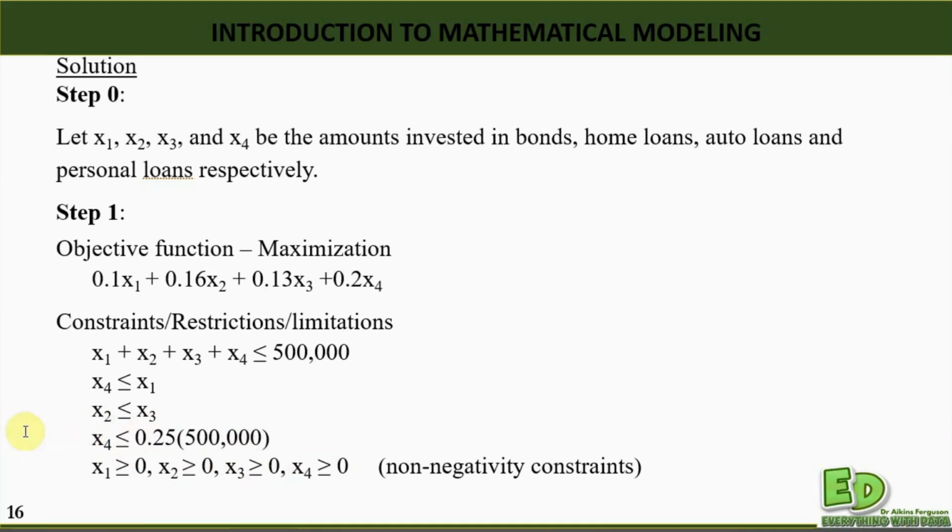The last thing to write on this formulation is what we call the non-negativity constraint, simply telling us that the amount being invested in this bond cannot be less than zero, right? You cannot invest negative 20,000 in bonds, home loans, auto loans. So this is always true. The decision variables you have should be greater than or equal to zero for all the decision variables.